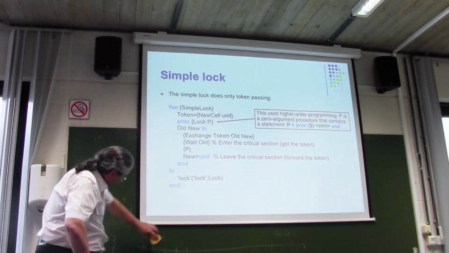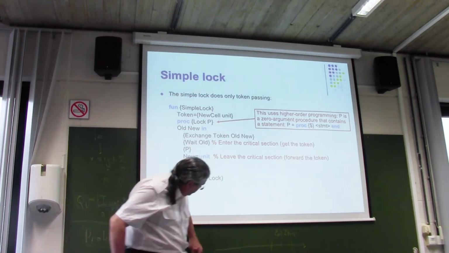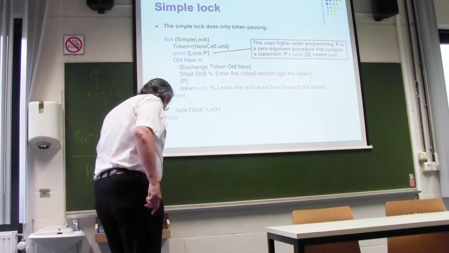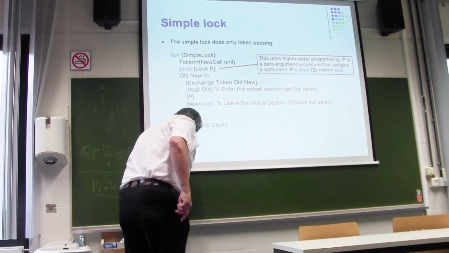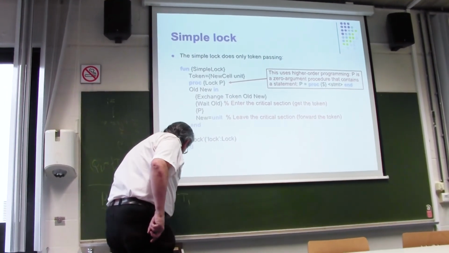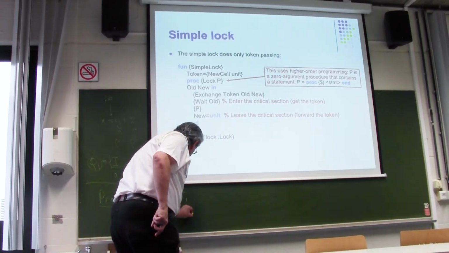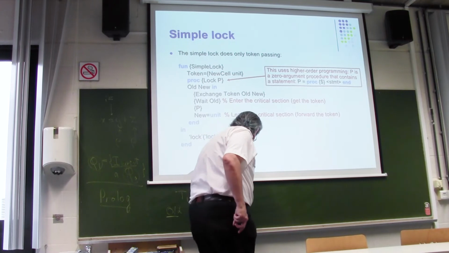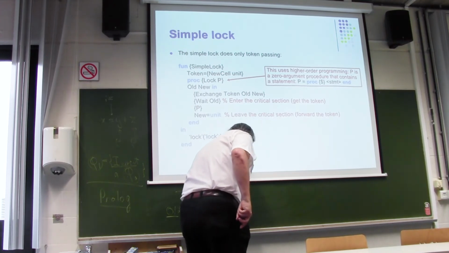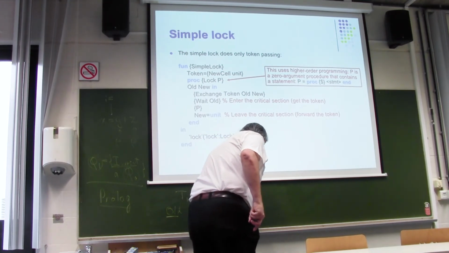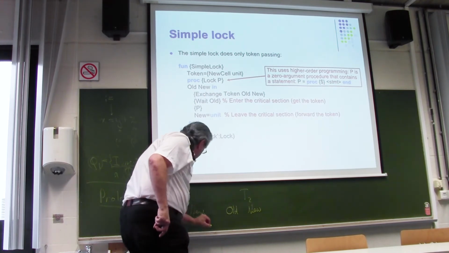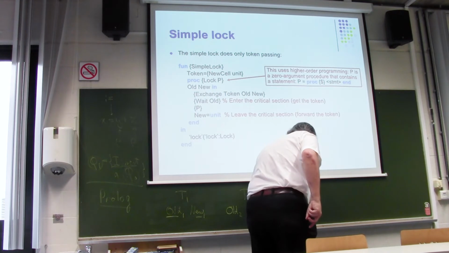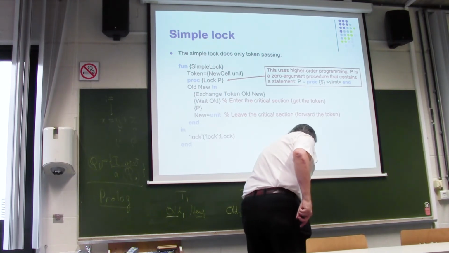Luckily, I have some space underneath to make a picture. So here I have thread T1, and it has two variables, old and new. And I have a thread T2, old and new. Let me call these old 1, new 1, old 2, new 2, and maybe I have a thread T3, old 3, new 3.